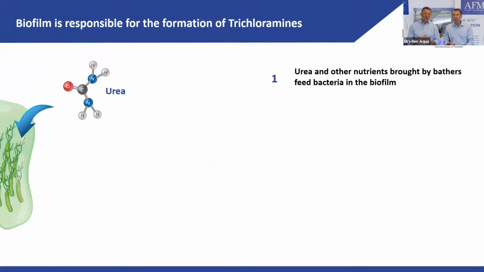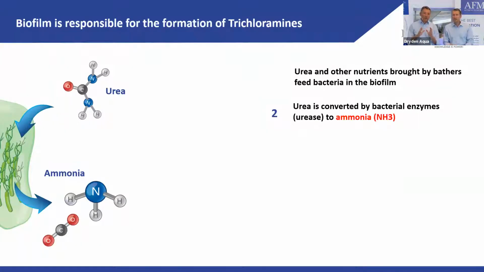Now, we have this biological conversion of urea to ammonia. To say it easy, they eat it and they excrete ammonia. So if you have sand, if you have biofilm, you will convert this 80% of urea to 80% of ammonia, and you start already with 10.